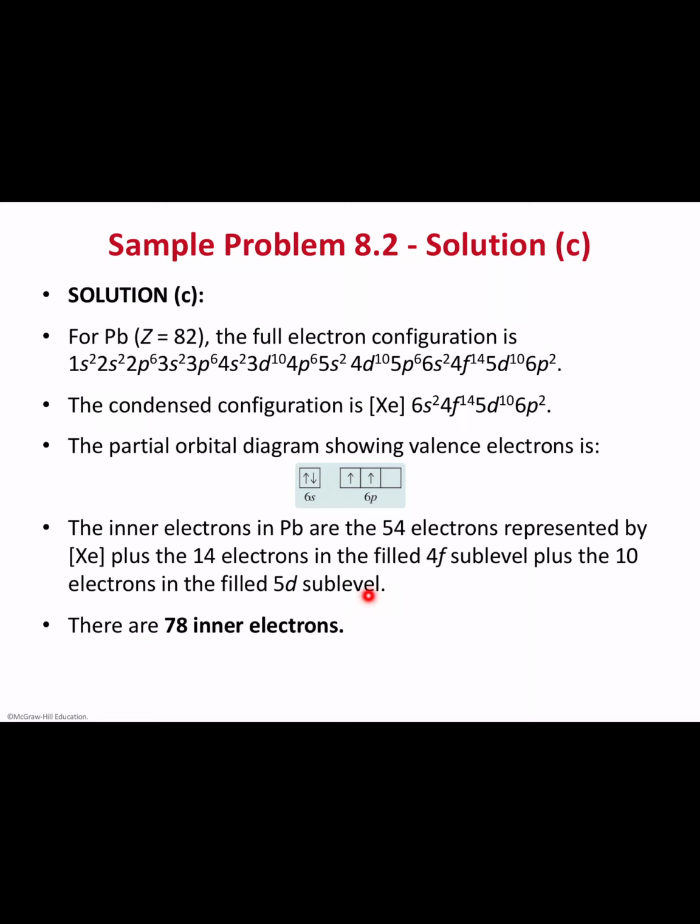So if you look at the core electrons, you have to count the number of electrons up to xenon, and then the 14 from the f and 10 from the d are all considered inner or core electrons. So there are 78 inner electrons, and it has only 4 valence electrons.